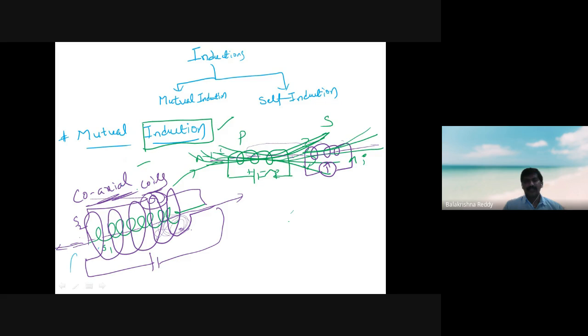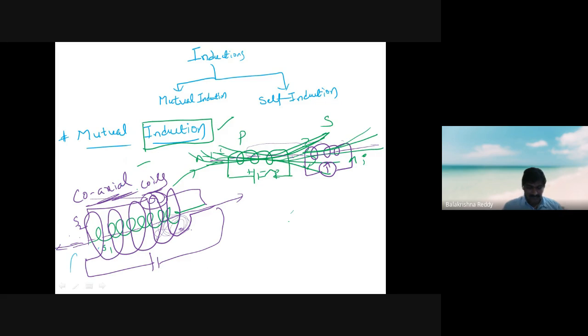So S1 is influenced by S2, and in S1 there is a large amount of EMF, that is, inducing current develops. So this is the phenomenon of mutual induction.